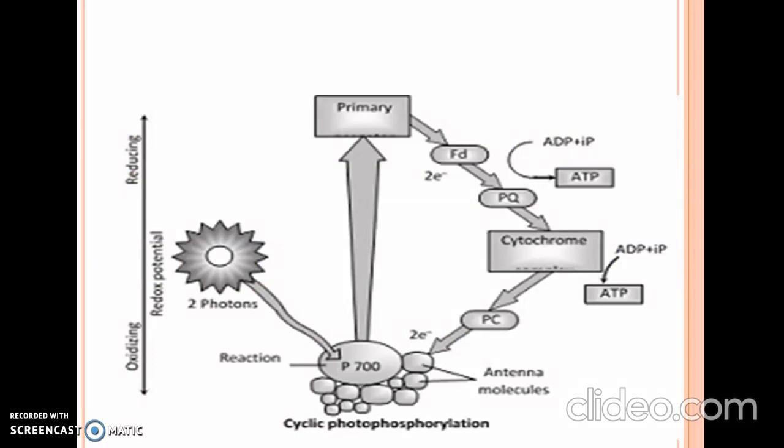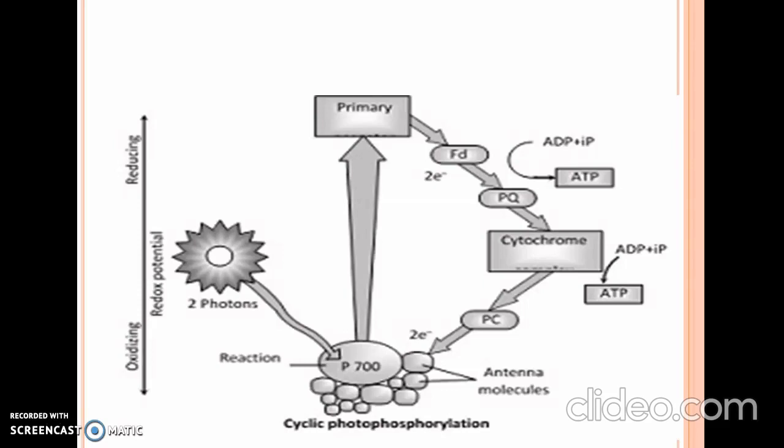At the base you can find P700, which absorbs the sunlight in the form of photons and gets excited, and it reaches the primary acceptor. From there the electrons are released to reach the ferredoxin. From ferredoxin it reaches plastoquinone, then cytochrome B6, then from cytochrome the plastocyanin, and again it reaches back to photosystem 1, that is P700.